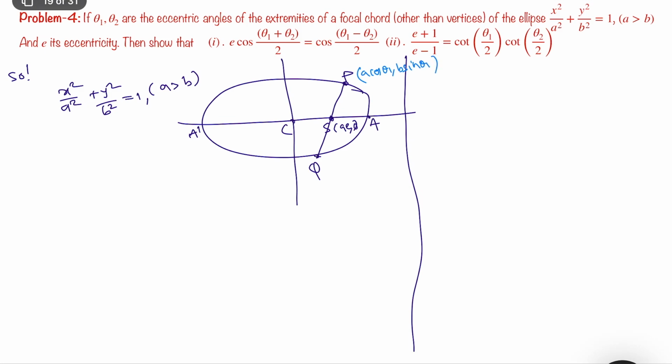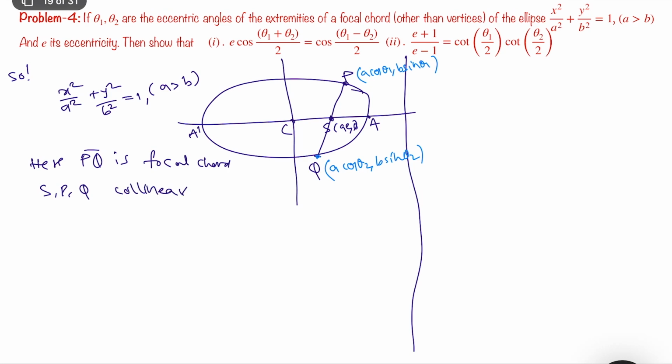If theta 2 is the eccentric angle for this point Q, then Q coordinates in parametric form must be (a cos theta 2, b sin theta 2). This PQ chord is a focal chord, right? That means S, P, Q must be collinear.